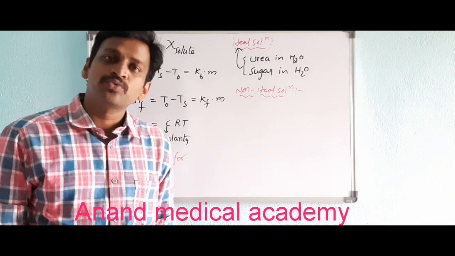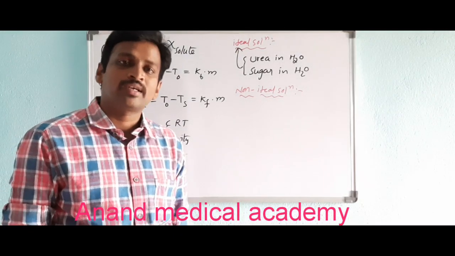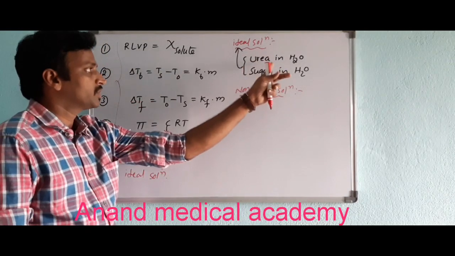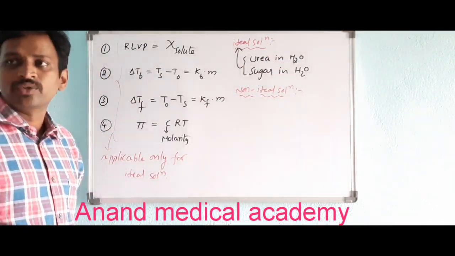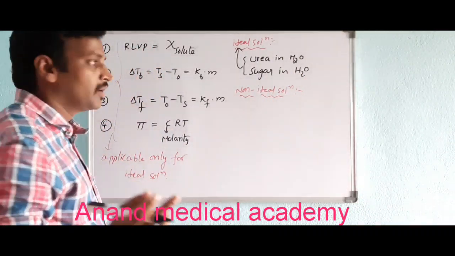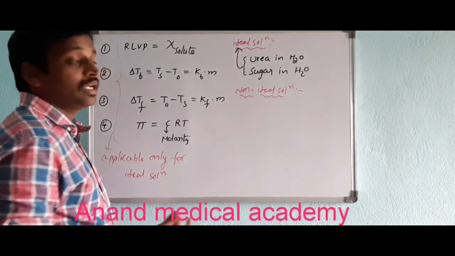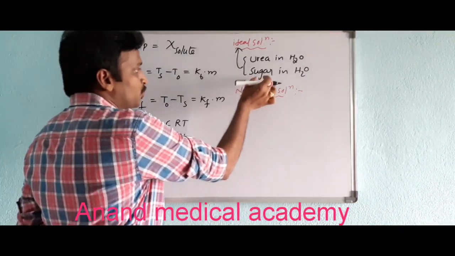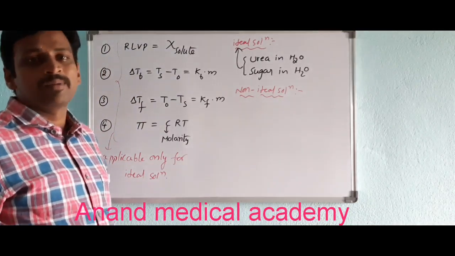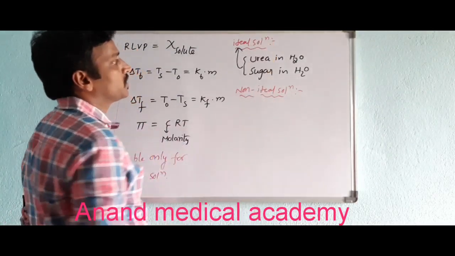Urea, NH2CONH2, is purely covalent and cannot undergo further dissociation or association. So that is an ideal solution. And sugar in water means C6H12O6, glucose in water, or C12H22O11, sucrose in water, which is completely covalent and cannot undergo further association or dissociation.